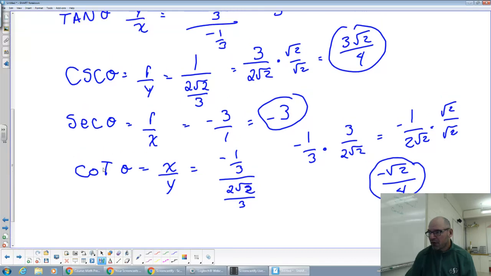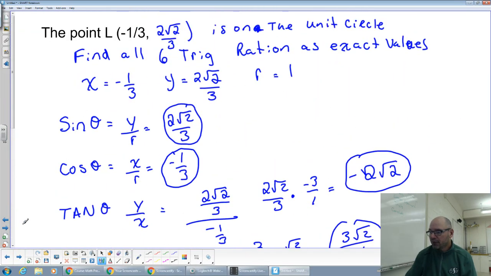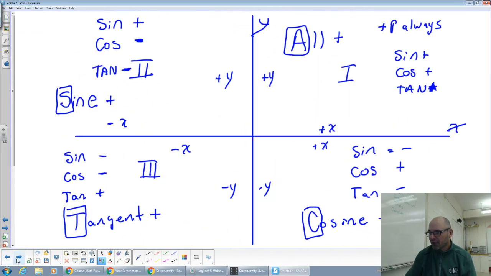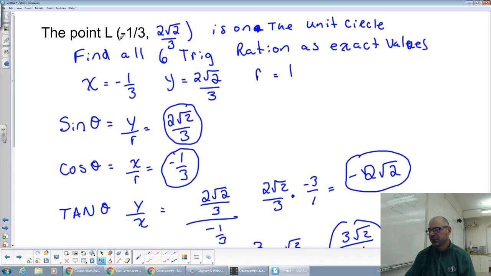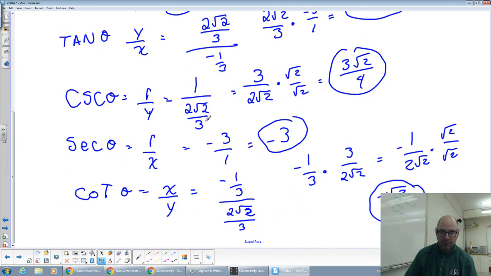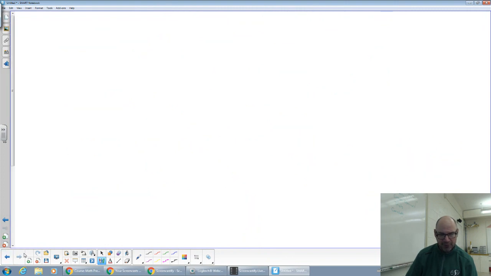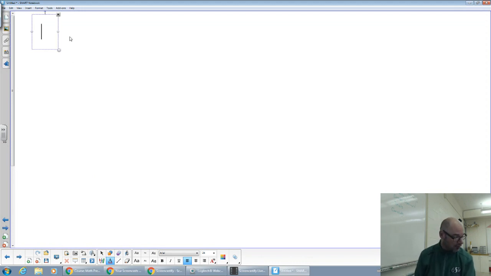This was an example of just finding all the trig ratios, given the point on the unit circle. And then in our last question today, we're going to determine the exact value of each ratio.